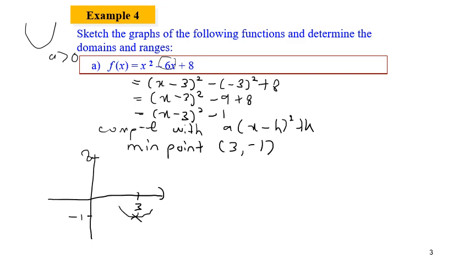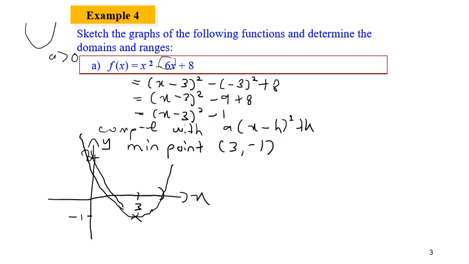So our graph is something like this. So you may sketch and make the graph more correctly. And don't forget to label the x and y axis.